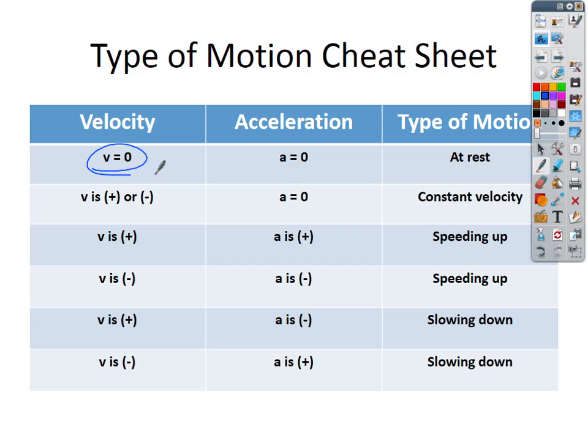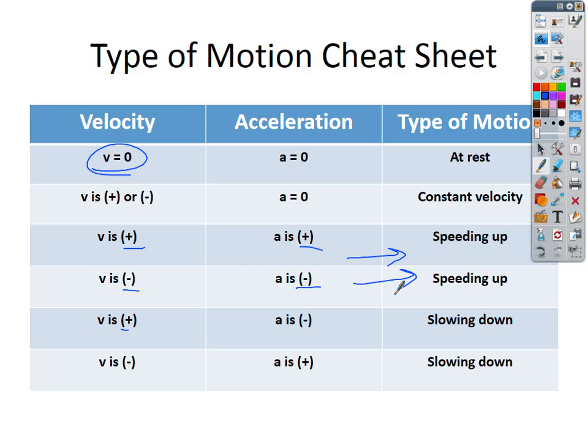But zero velocity, in general, when we do the graphs, means you'll have zero acceleration, you'll be at rest. If you have positive or negative velocity and zero acceleration, you're going to be moving at a constant speed. When the signs are the same, positive, positive, or negative, negative, that means you're speeding up. We will never just say that you're accelerating, you need to describe it.